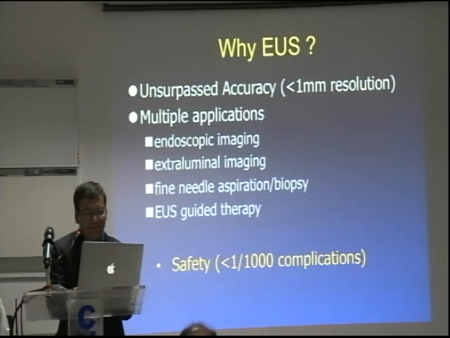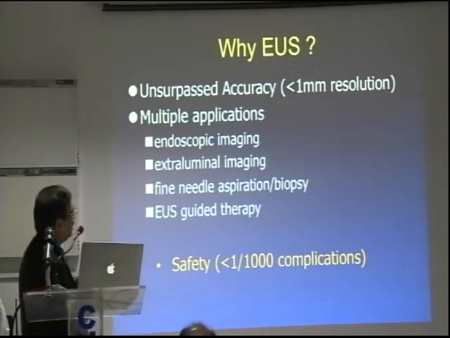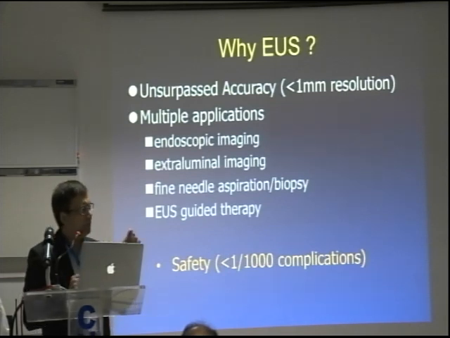So here, there are a couple of things before I move to the stations itself. One thing is the resolution of EUS is 1 millimeter or so. It's really high resolution.